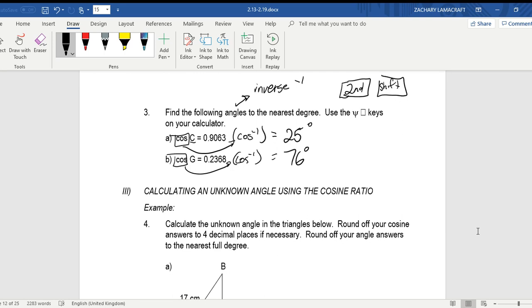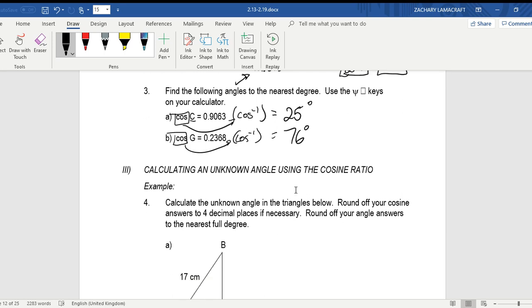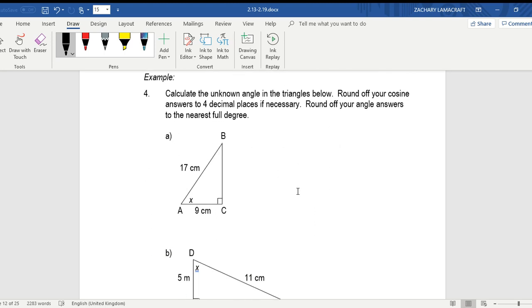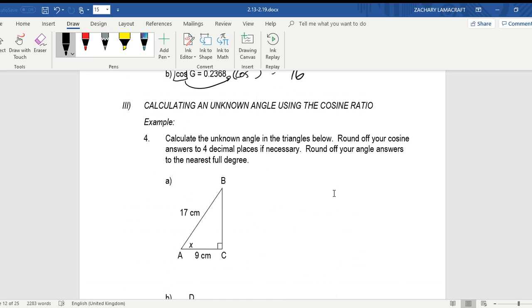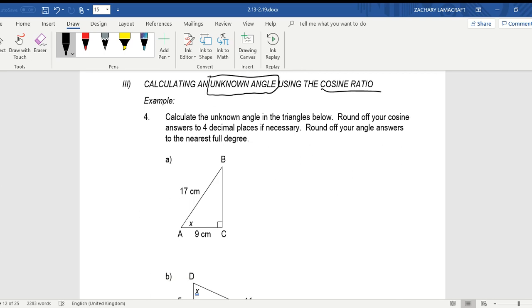Wicked. Thank you for the input from those of you that are typing in the chat. That's fantastic. All right, so we're moving on now. None of this becomes really that hard because we've done this with the other ratios, but now we're going to calculate the unknown angle based on the cosine ratio. So it says calculate the unknown angle in the triangles below, round off your cosine answers to 4 decimal places, and then round off your angle answers to the nearest full degree.